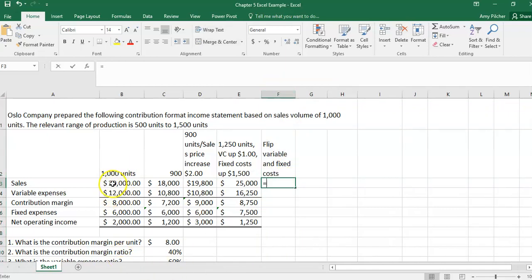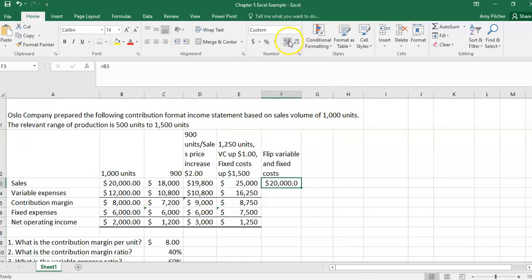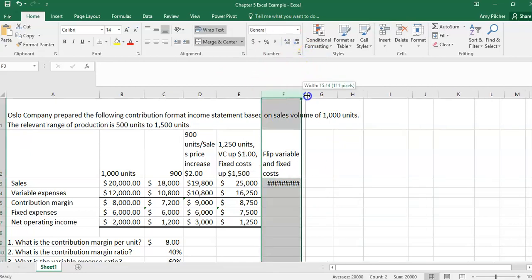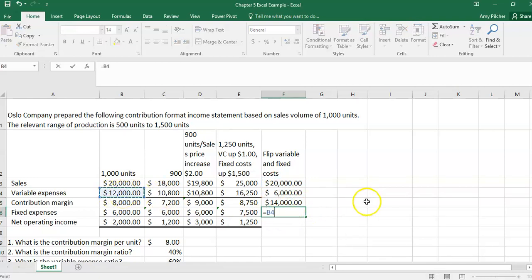We're going to have 20,000 in sales still. But now our variable expenses are going to be 6,000, which makes our contribution margin 14,000. Our fixed expenses are going to be 12,000. And our net operating income remains the same.